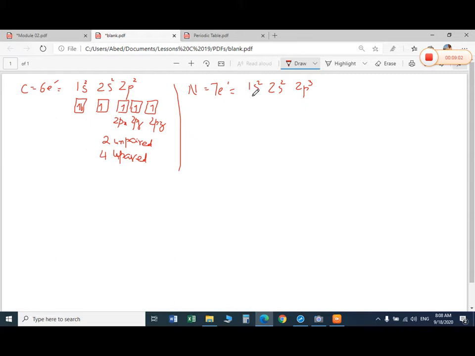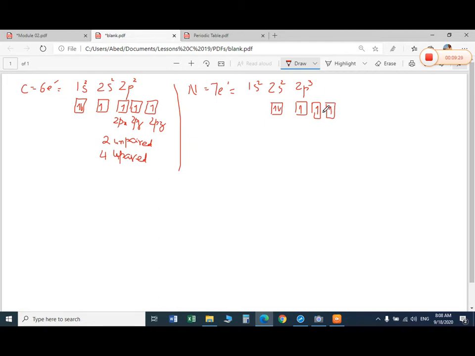Now I will not draw 1s2, I'll just draw 2s2 to save time. You can draw 2s2, and 2p will be 3 orbitals, as I already told you. This is 2px, 2py and 2pz.